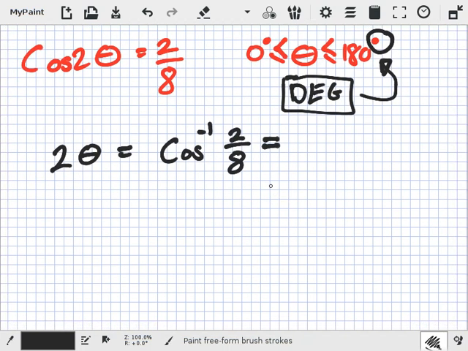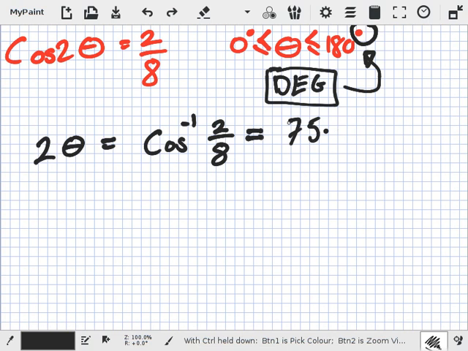Great. Just type in cos inverse 2 over 8. What do you get? 75.52 degrees. Now just write that a bit smaller.